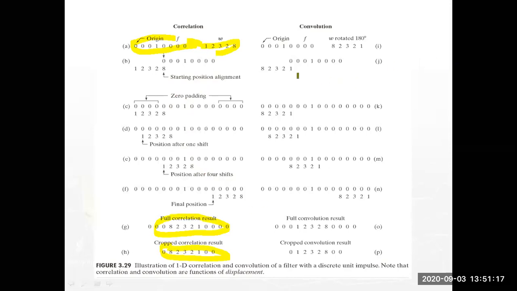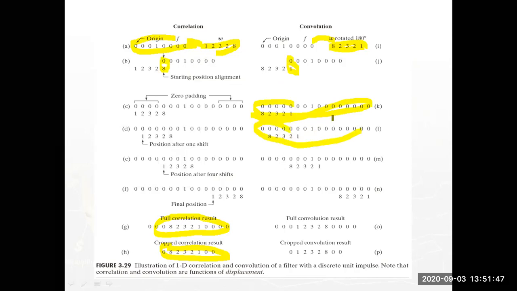Similarly, in convolution, your window is simply rotated. The original window is 1, 2, 3 to 8, but the reversed or rotated window is 8, 7, 6 to 1. Position it like this, with padding, then multiply, and the second shift, multiply again.